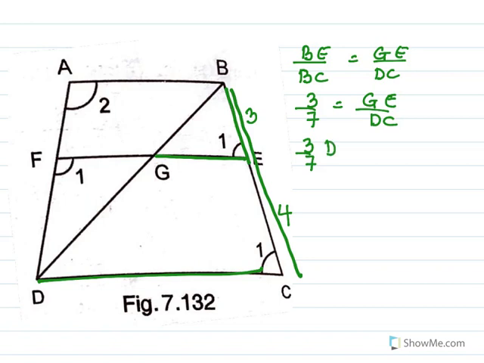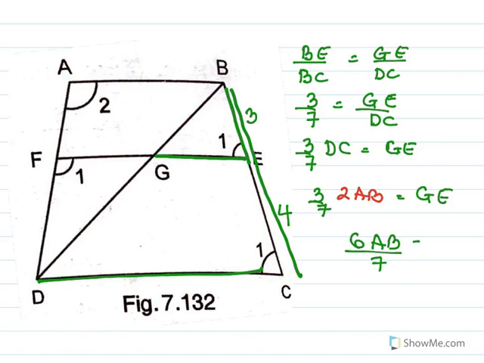We got 3 by 7 DC equal to GE, and for DC we put twice AB, and this was equal to GE. So we got here 6AB over 7 equal to GE.